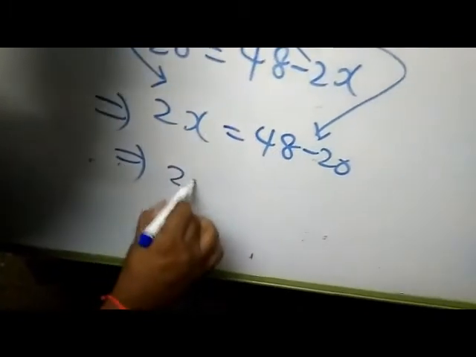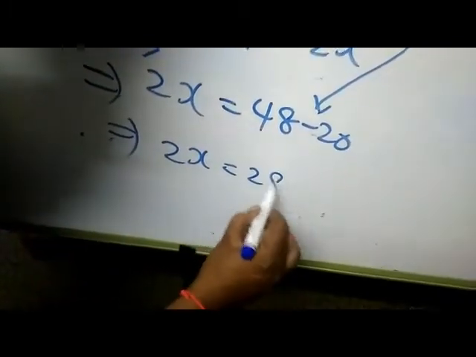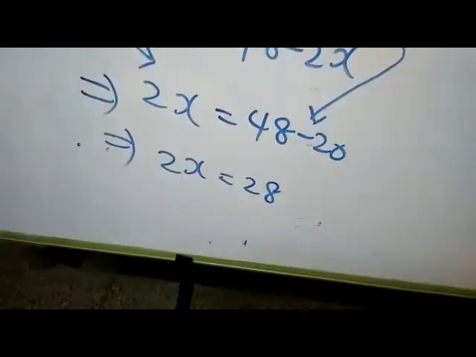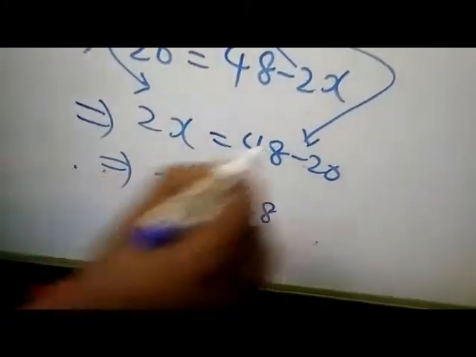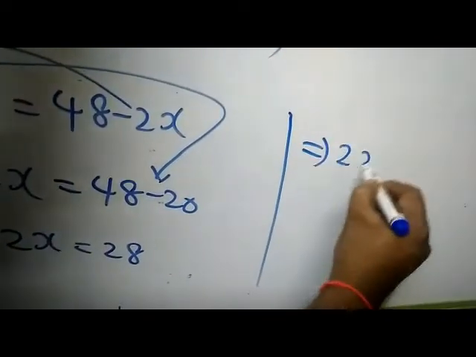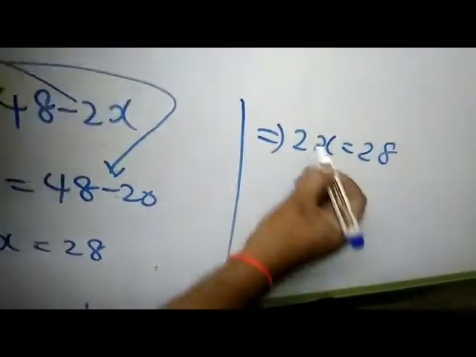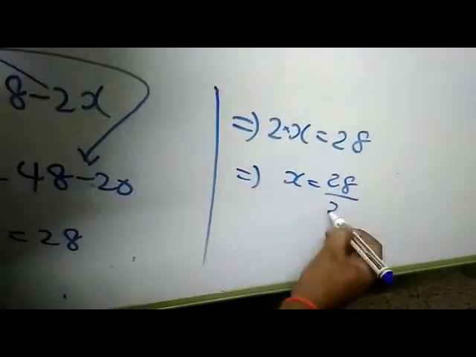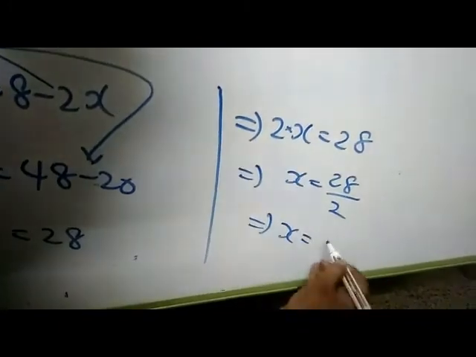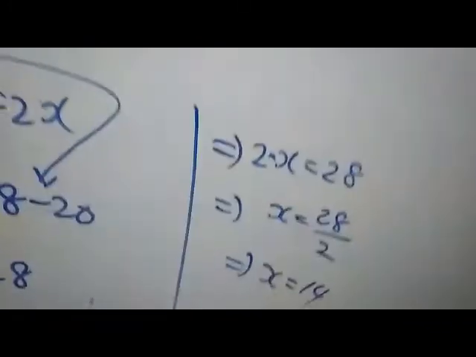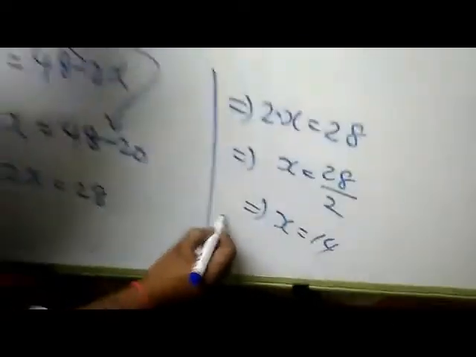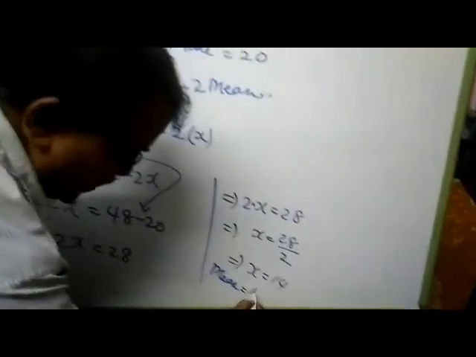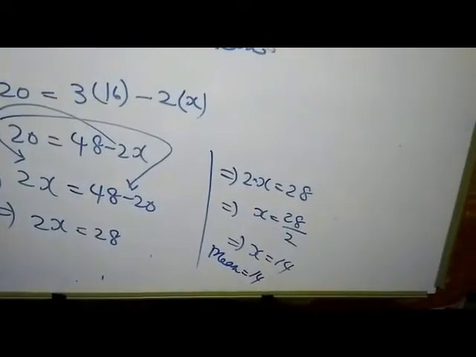That implies 2x is equal to 28. That is nothing but 2 into x is equal to 28. x is equal to 28 by 2. That implies x is equal to 14. Therefore, mean is equal to 14.